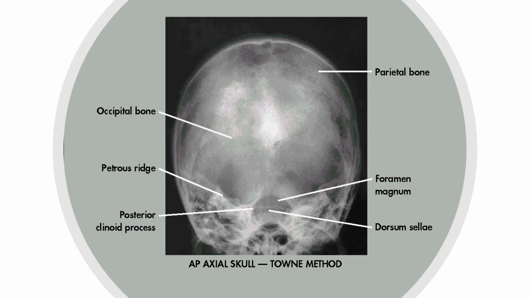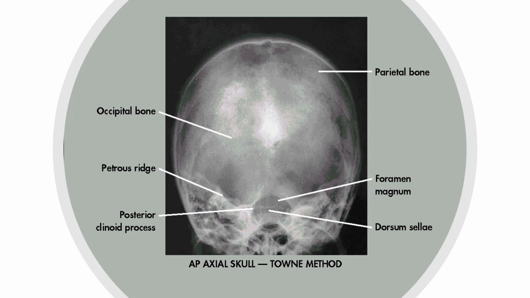Posterior clinoid processes, remember, those are just the upper corners of the chair back, right? And then the petrous ridges appear to be sloping downhill, roughly 20 degrees downhill for a mesocephalic head, pointing at the foramen magnum.